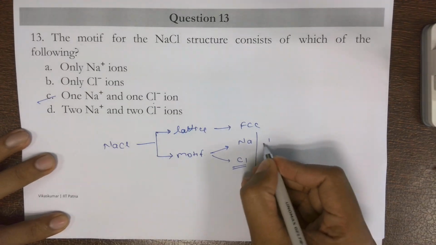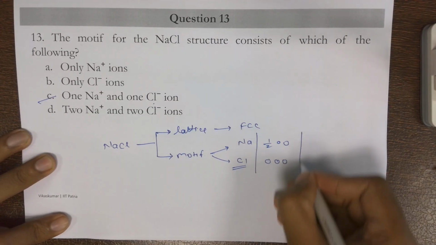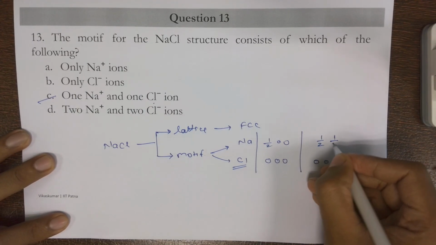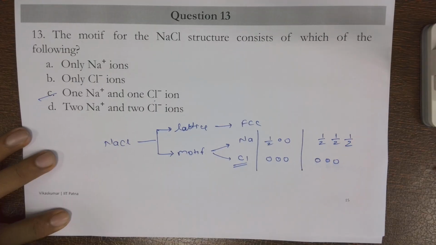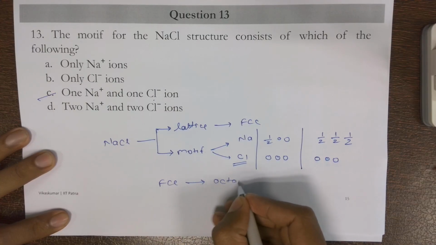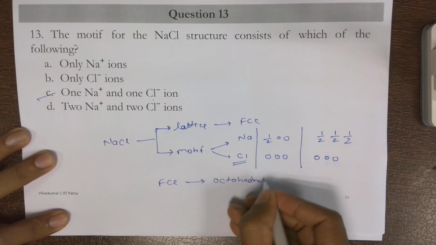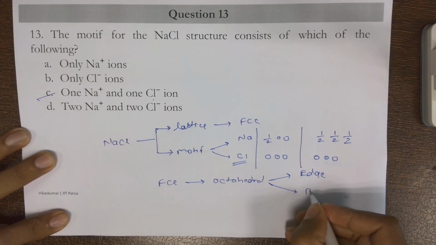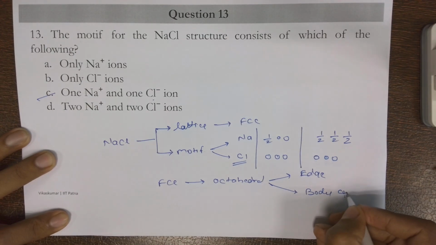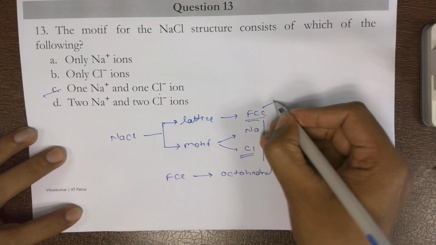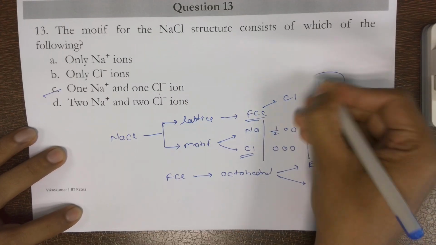and sodium takes half positions, and we take the central one. We know that in FCC they are also at the corners, and in this particular lattice which is made by the chlorine, sodium is sitting at the octahedral void.